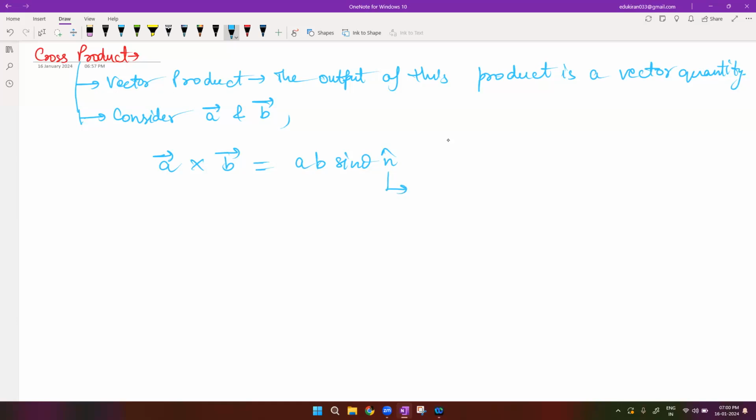And we know this is the magnitude of A, this is the magnitude of B, and theta is the angle between A and B. I'll also draw the figure for this.